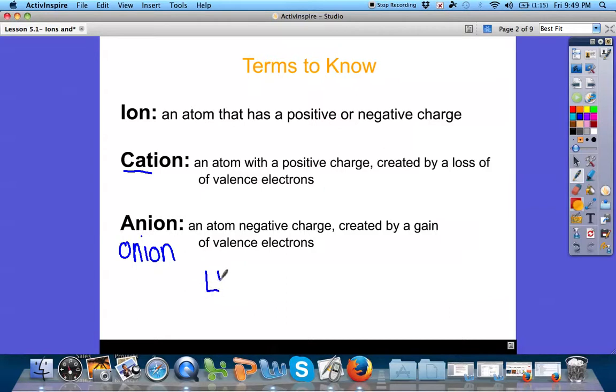Something else that we need to talk about is this mnemonic device. Leo the lion goes grr.